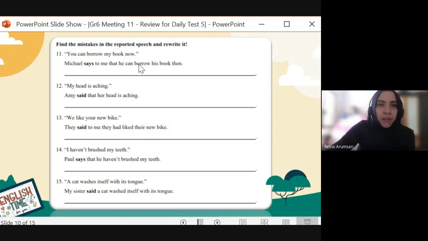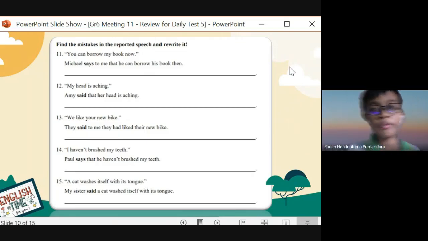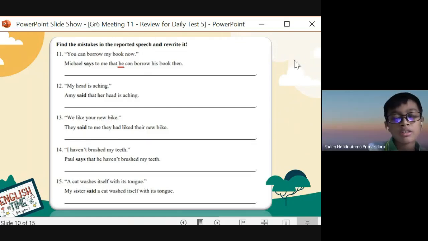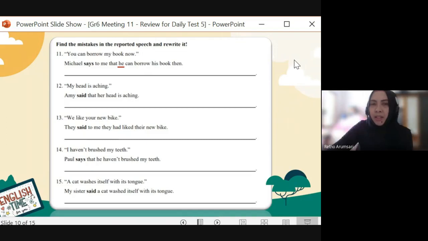Number 11. Michael says to me that he can borrow his book. Can you find the mistakes? Yes, the he after that, and there is one more. His. There is one more mistake in that reported speech. The second mistake is then. Why? Look at this. The same word is says.